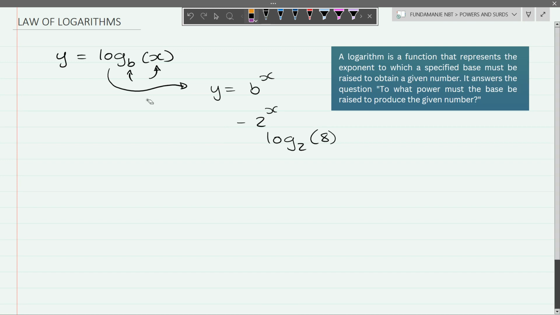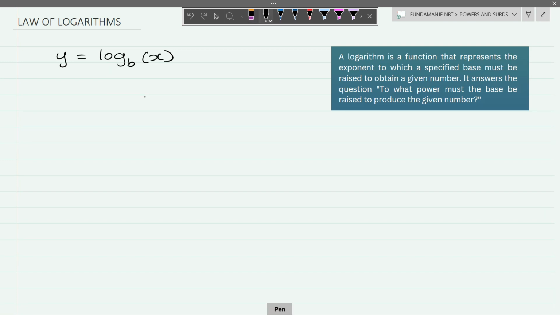So what are the laws surrounding this new domain of values? What are these laws that we must consider when working with logarithms, algebraically at least?